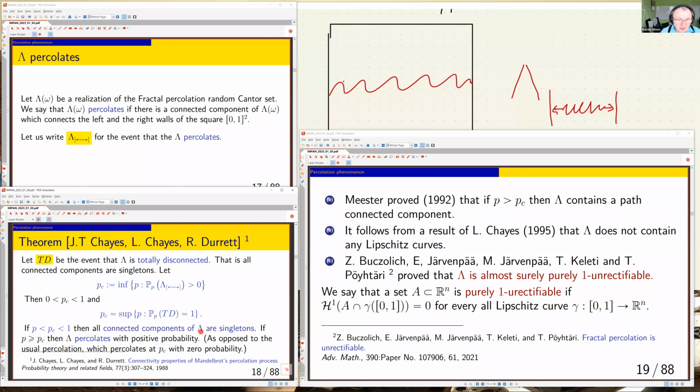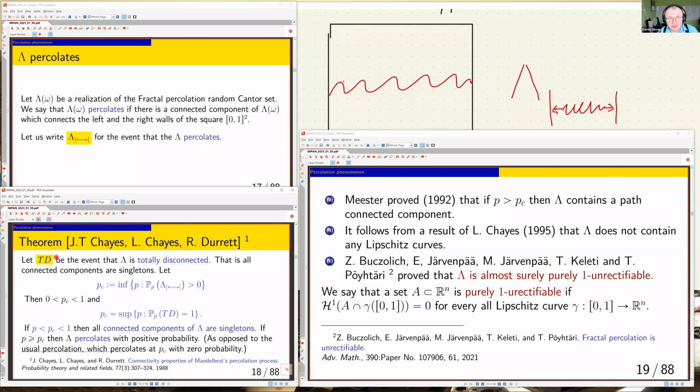And then the first famous theorem of this theory, I believe, was proven by Chayes and Durrett. They said that there is a critical probability such that if p is bigger than this critical probability, then the set percolates with positive probability, and if p is smaller than the critical probability, then lambda is totally disconnected.